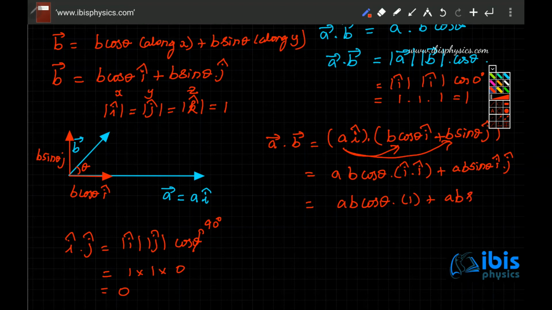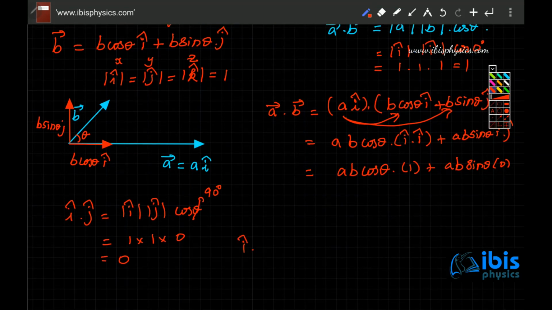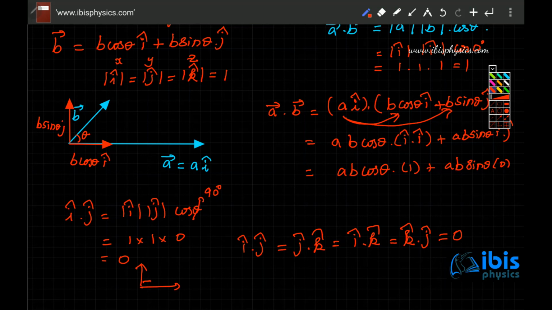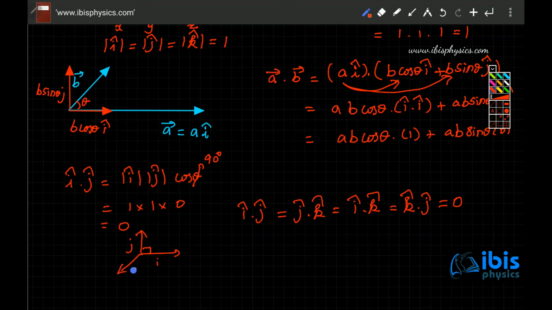So AB sin theta into 0. Whenever we do a dot product, if we get i cap dot j cap, or j cap dot k cap, or i cap dot k cap, or k cap dot i cap, all are going to give you values of 0. Because the x and y axes are 90 degrees to each other, the angle between i cap and j cap is 90 degrees, and the z-axis is 90 degrees to the x-axis and 90 degrees to the y-axis.